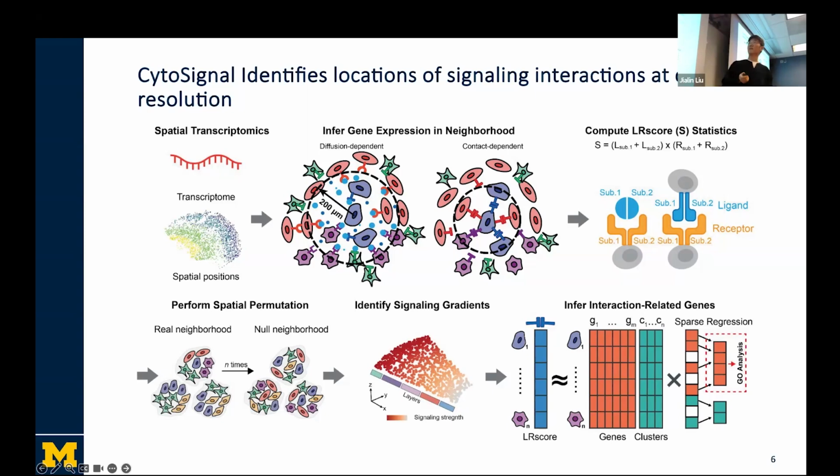And of course, ligand and receptor structures could be pretty complex, so we do consider different subunits in the ligands and the receptors. Next, CytoSignal constructs null distributions to give statistical power to our inferences.